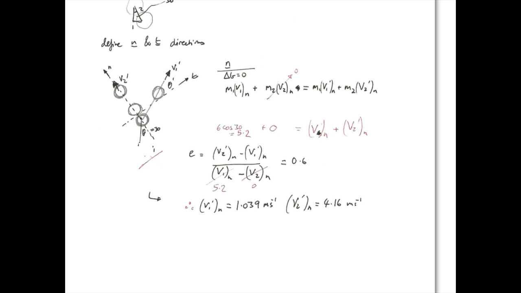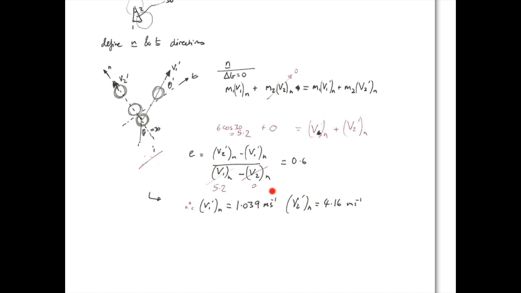If we put in the values, this is 6 cos 30 plus 0, because particle 2 is initially at rest, and these are our remaining two unknowns, v1 dashed n and v2 dashed n.